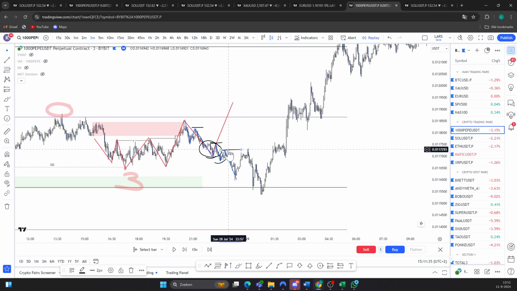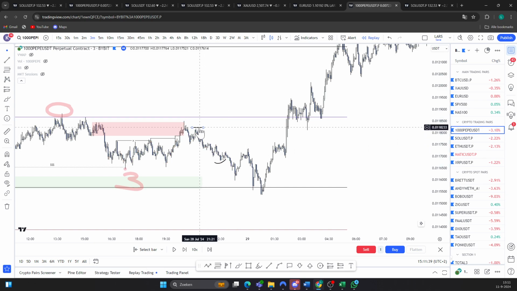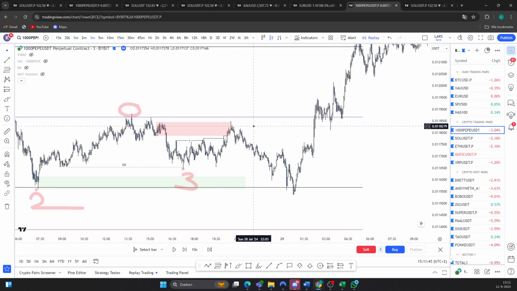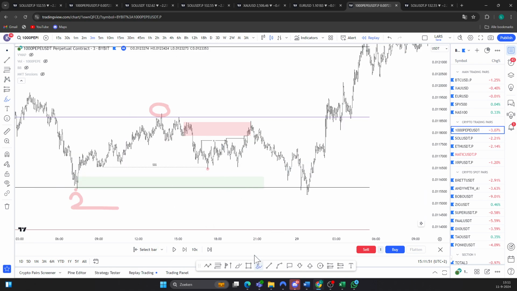So knowing that you will never enter on a break in supply, okay, and you always want to see what that supply does, you would have to wait for the retest, and the retest never got a confirmation, so you would not get trapped. Now, furthermore, we actually had a Wyckoff schematic right here inside of this third tap.